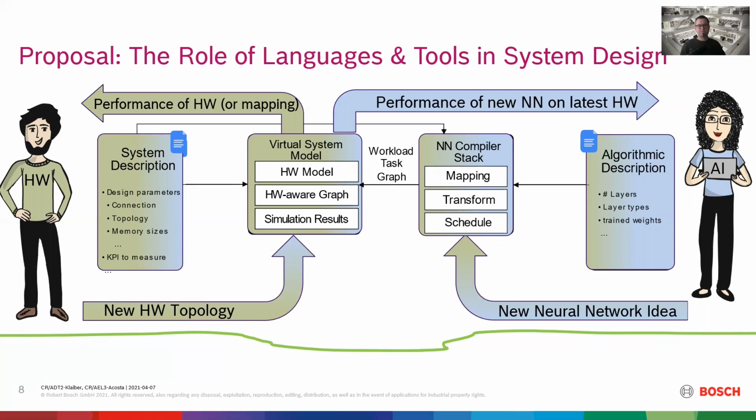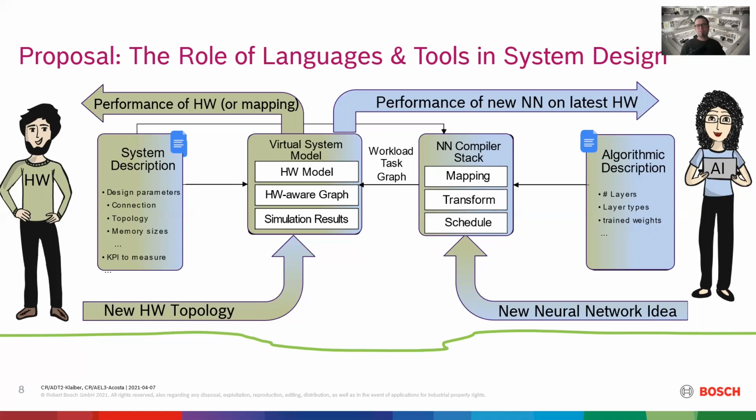If you look at the right cycle, if the AI designer has a new idea, for example, for integrating a new neural network layer or a new function, he describes his idea, for example, in Keras or TensorFlow, brings it through the neural network compiler stack and executes it on a virtual hardware model, which has been described by the hardware people, and immediately gets a performance result back.